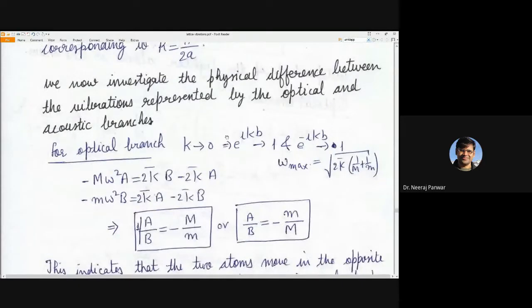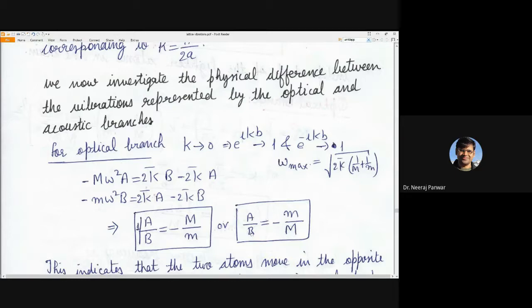So we also did this, that for the optical branch, the ratio of amplitude of vibration of the two ions, which is given by A divided by B, is equal to minus M upon m.